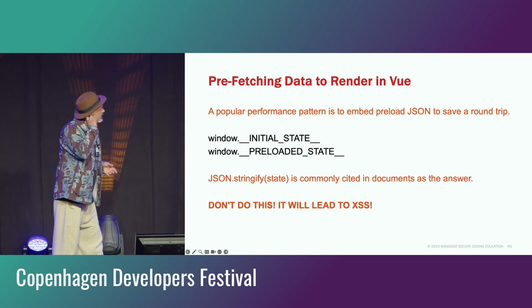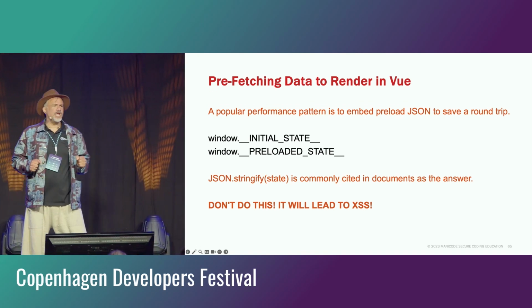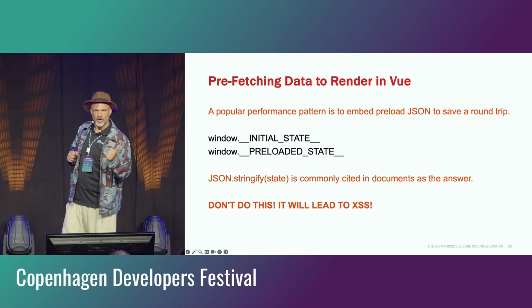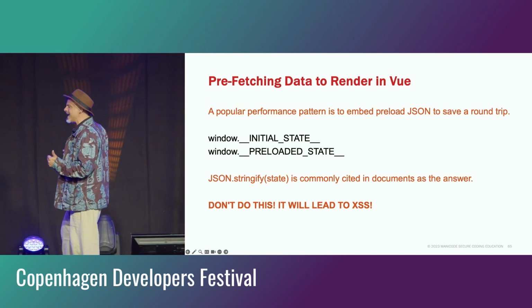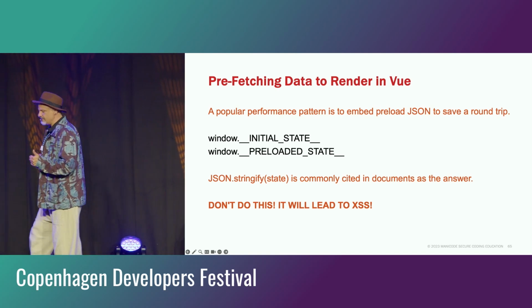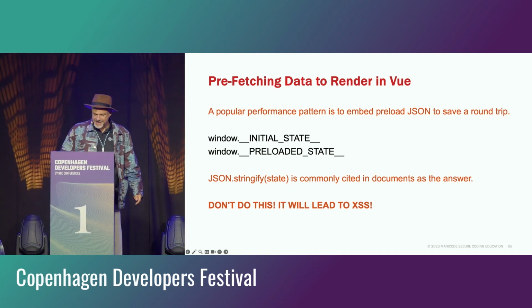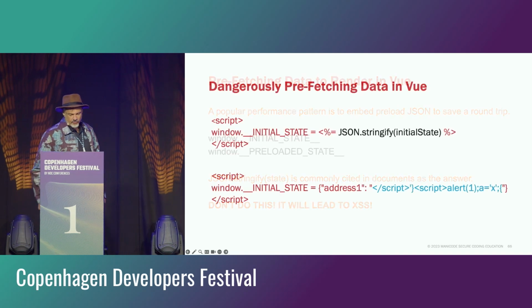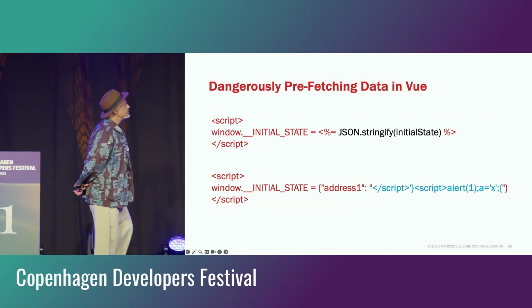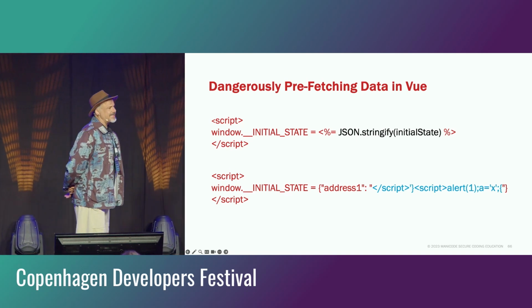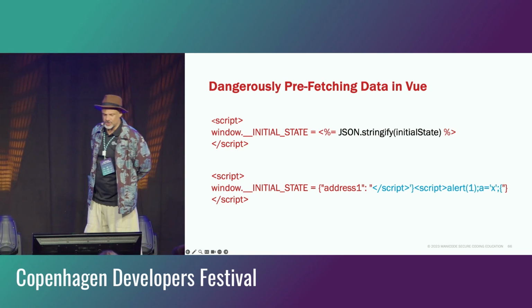This is common for those of you who are really trying to squeeze out page rendering performance. You run across this technique: embed your initial JSON to save a round trip, right? And so I'll put JSON in an init state or preloaded state. And the original Redux docs told us to just use JSON.stringify on your initial JSON and embed that at the top of the page.